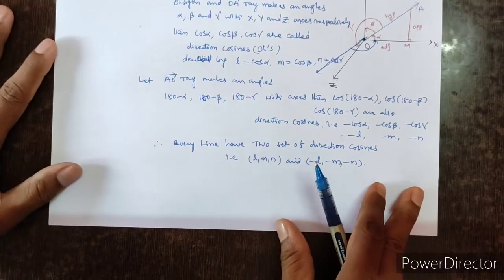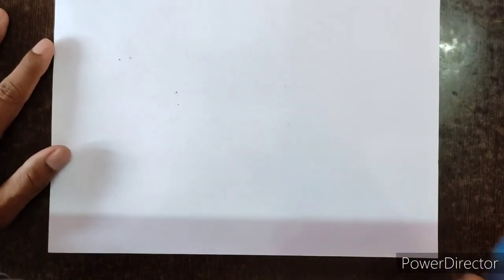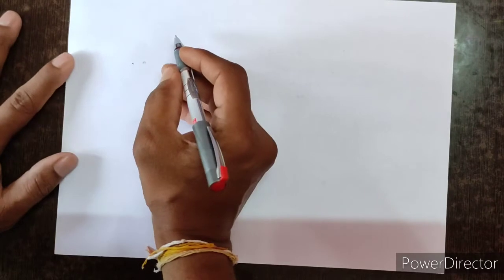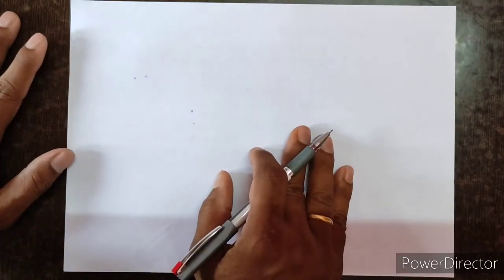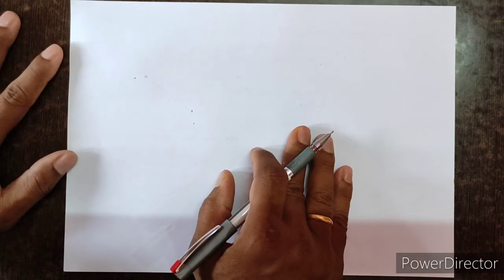Okay, next, see, direction cosines of x-axis. What is the direction? If the line or OA ray may be on the x-axis, then direction cosines of the ray is nothing but direction cosines of x-axis.